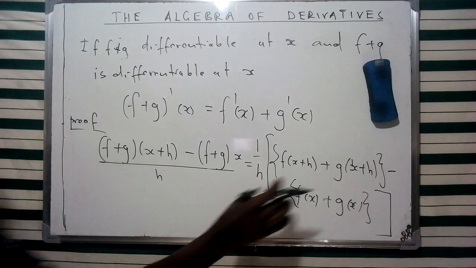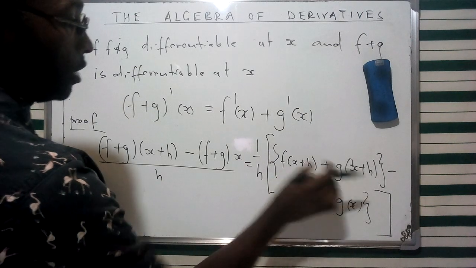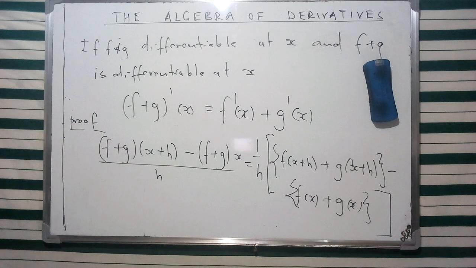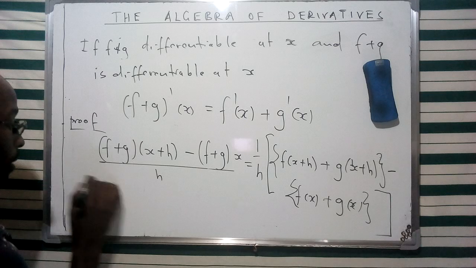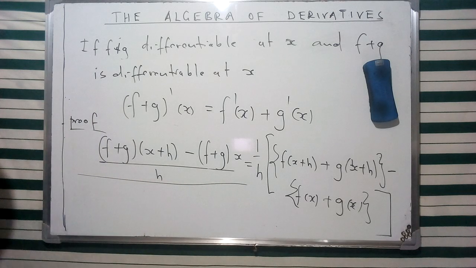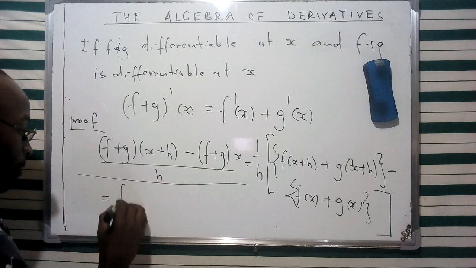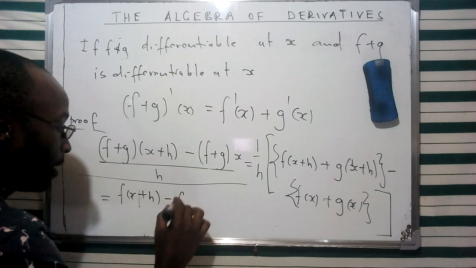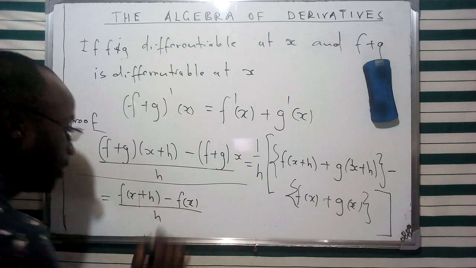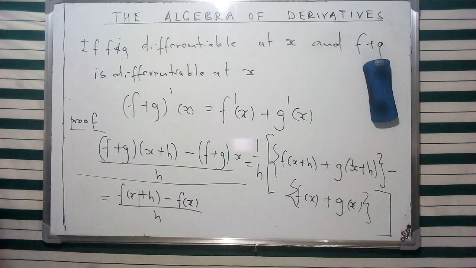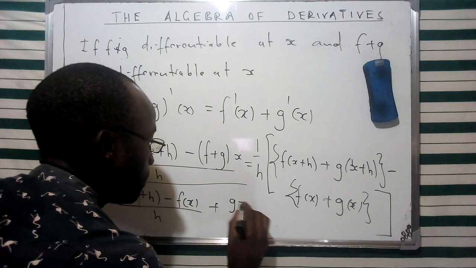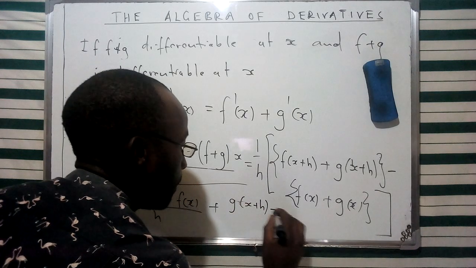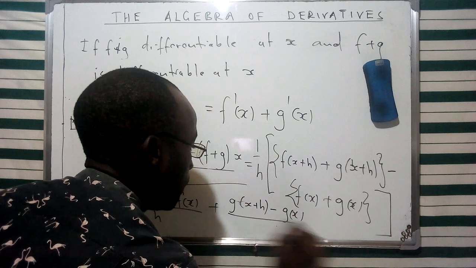Now, if you consider the first part, which is f of x plus h, we can rearrange this particular expression to appear in the form of f of x plus h minus f of x all over h, plus g of x plus h minus g of x all over h, given as such.